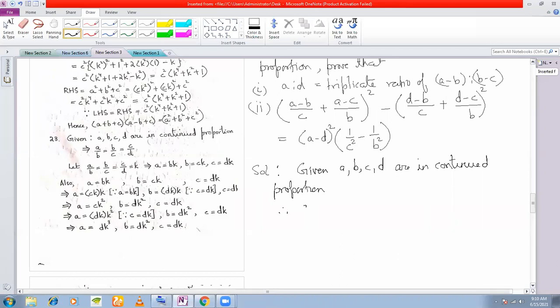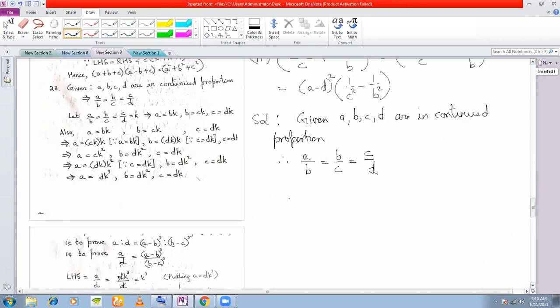So therefore, if 4 numbers are in continued proportion, then we say A by B is equal to B by C is equal to C by D. Okay. 4 numbers are in continued proportion from the definition of proportion.